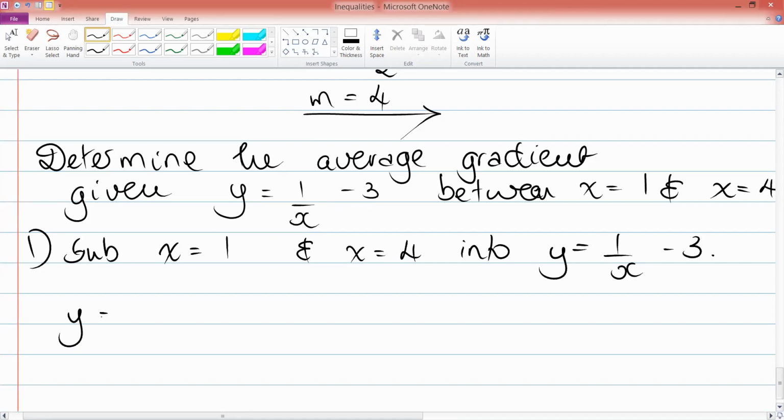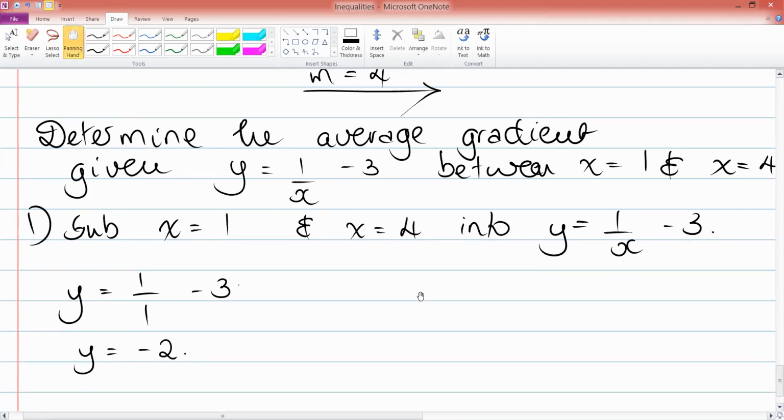So Y equals 1 over 1 minus 3, the Y value is negative 2. Then when X is equal to 4, Y equals a quarter minus 3. What's a quarter minus 3? It is negative 11 over 4, but if you leave it as a decimal, minus 2.75.